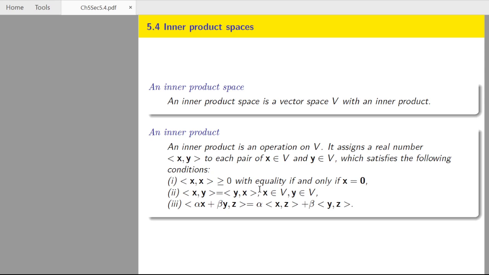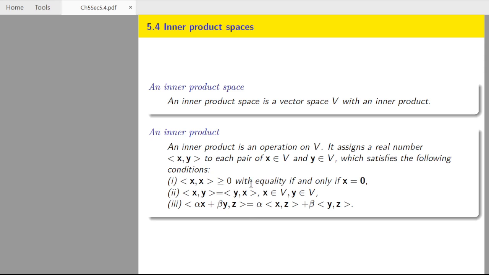So these are the three properties for the inner product. When we look at a particular vector space V and check whether or not a given operation is an inner product, we have to verify these three properties.